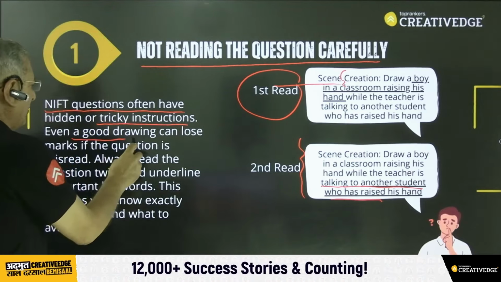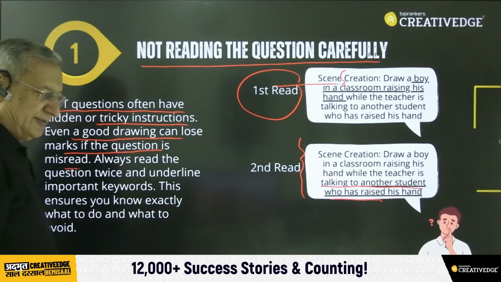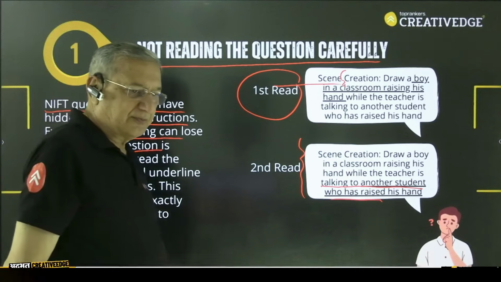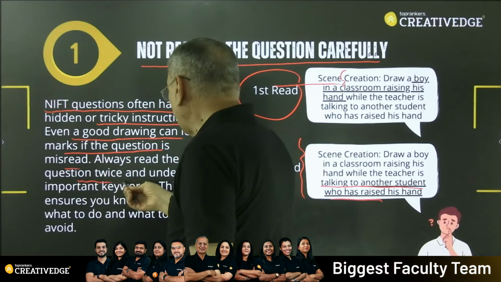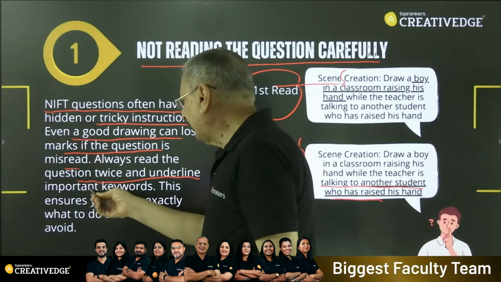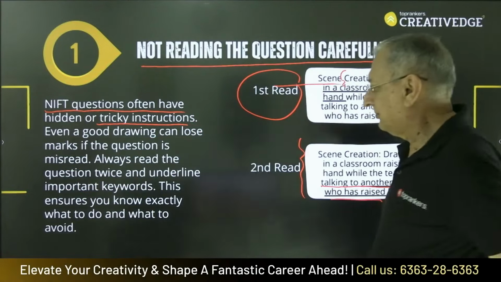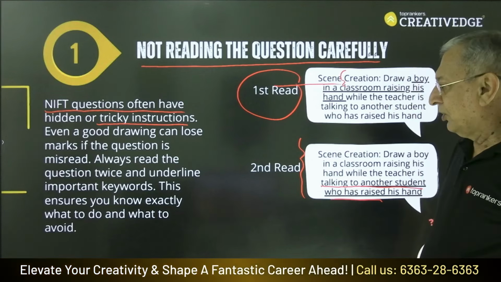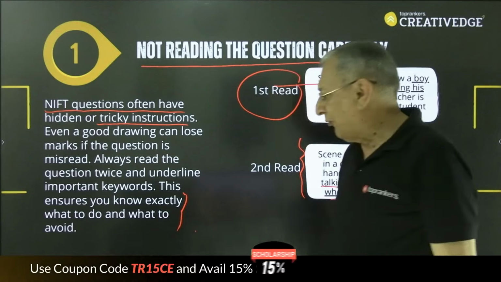Even a good drawing can lose marks if the question is misread. Always read the question twice and underline important keywords. This ensures you know exactly what to do and what to avoid.